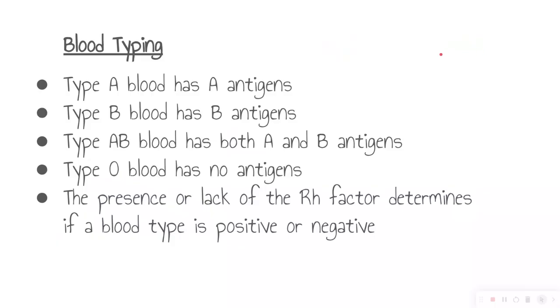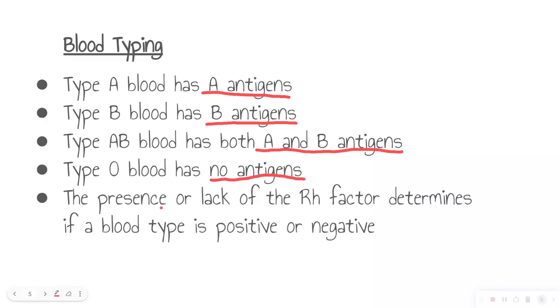All right, so now let's talk about blood typing. So type A blood is going to have A antigens. This is pretty straightforward. Type A blood has A antigens. Type B blood has B antigens. Type AB blood is going to have both A and B antigens. Type O blood has no antigens. No, O. O has no antigens.